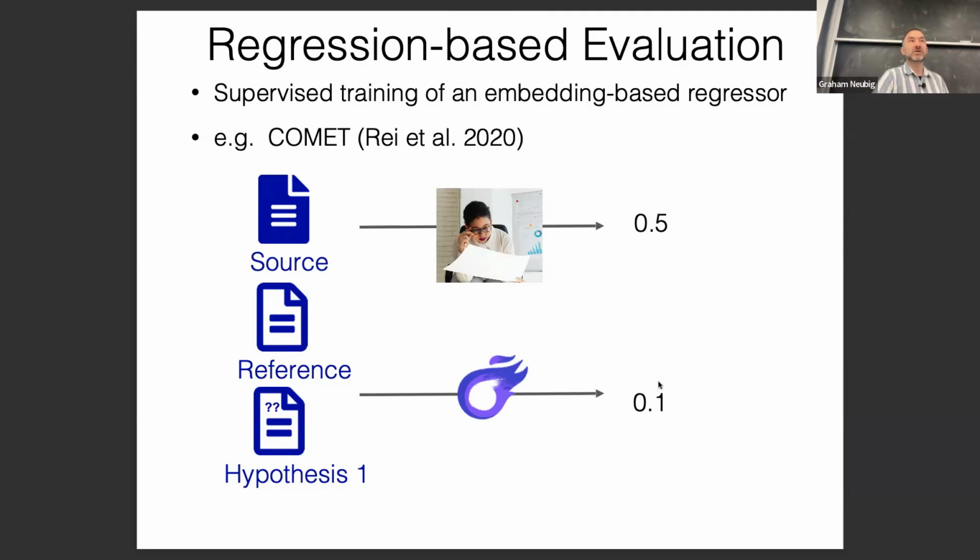And this made a mistake. So what we do is we calculate the distance between these and we backprop into the model to update it. The reason why this is supervised is because we need human annotations of how good the output is in order to train this model, but unsupervised ones do not need any sort of annotation like that.